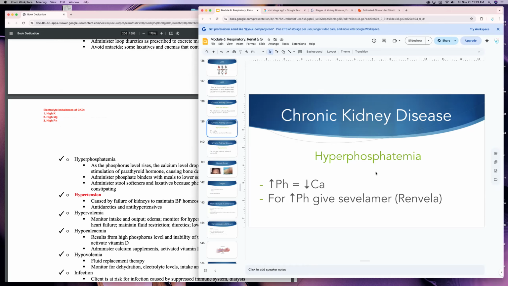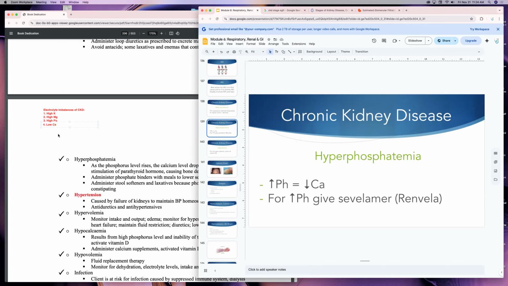Hyperphosphatemia. For this, we give sevelamer, Renvela. This is what is called a phosphate binder. Also keep in mind that phosphorus and calcium have an inverse relationship. So when phosphorus increases, calcium is going to decrease.